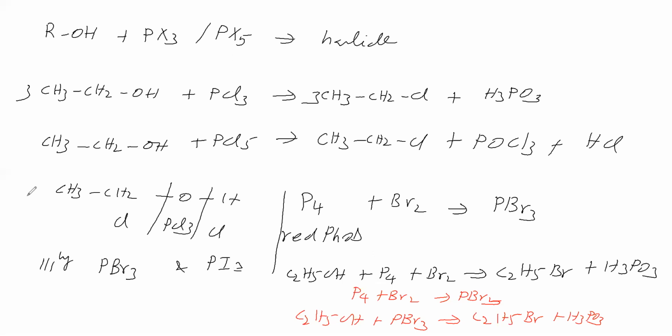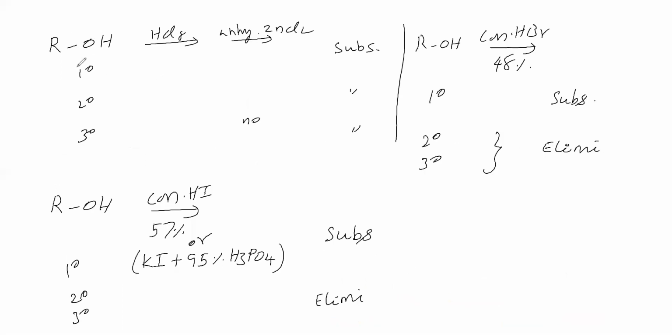In this method, we are converting alcohol into halide by adding phosphorus halides. In the previous case, we converted alcohol into halide by adding halogen acid. What is the difference between this and that?